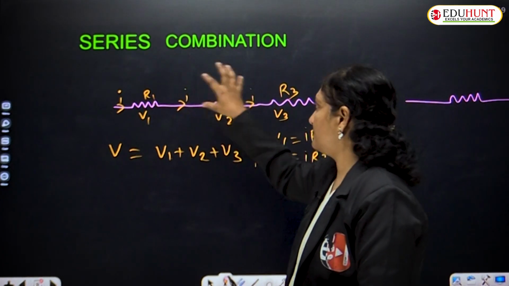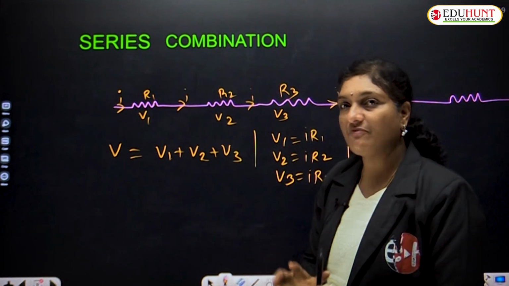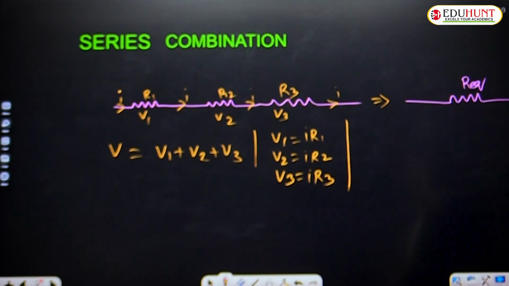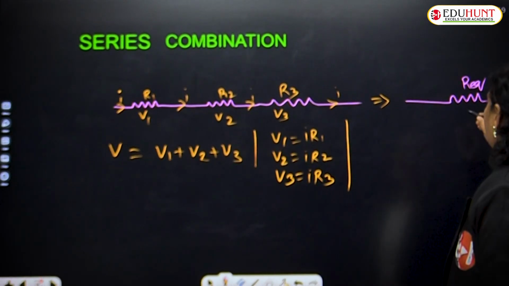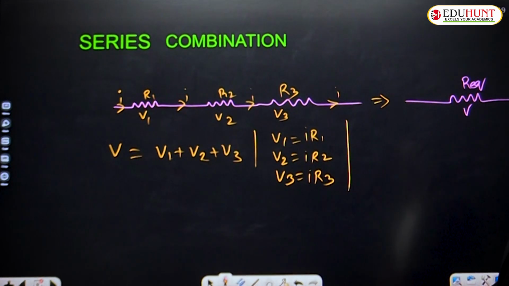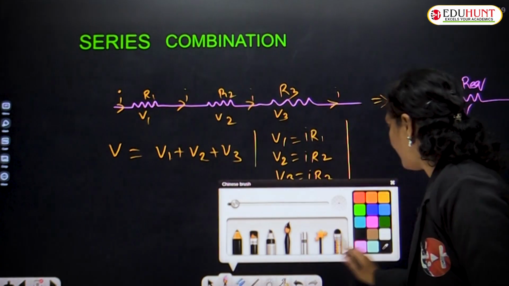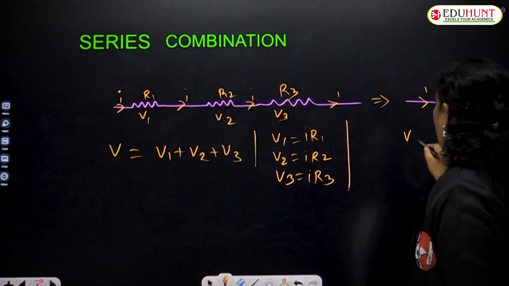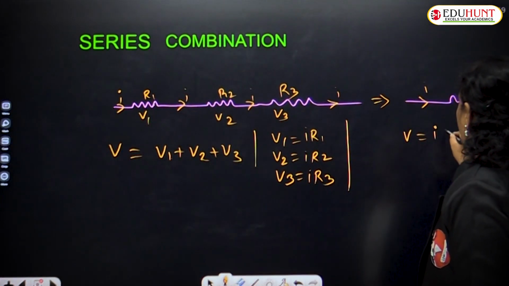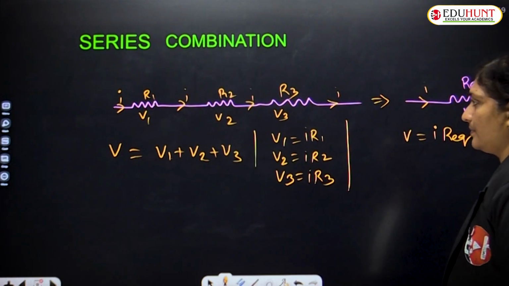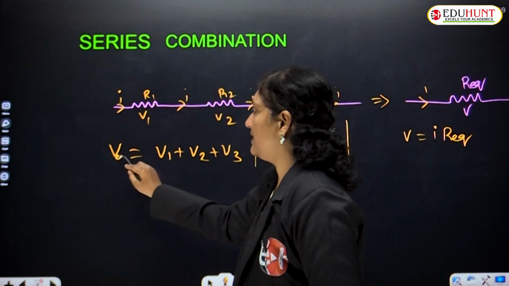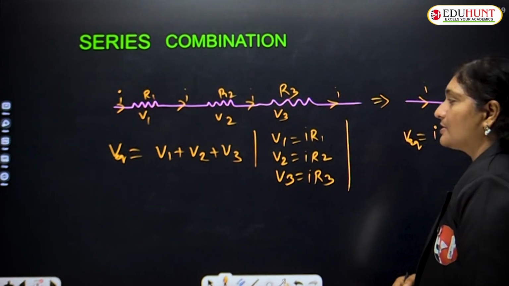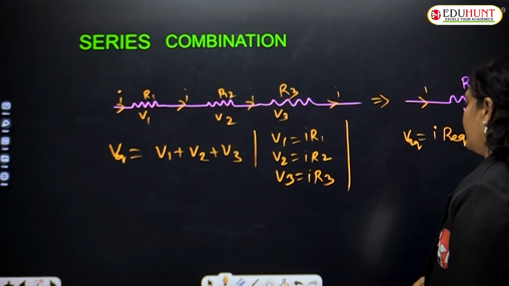If you add this and this and this, you may be getting some total resistance. Let me name that equivalent resistor as R equivalent, and the combined potential be some V. As the same amount of current is passing through the complete resistor, we can say that V is equal to I into R equivalent.